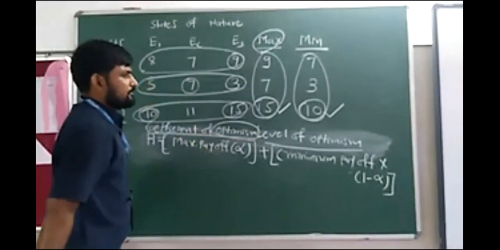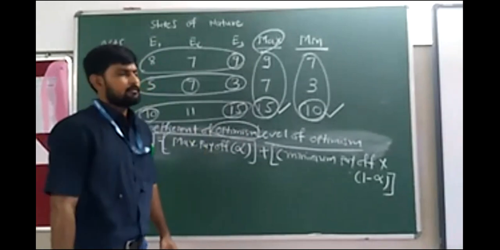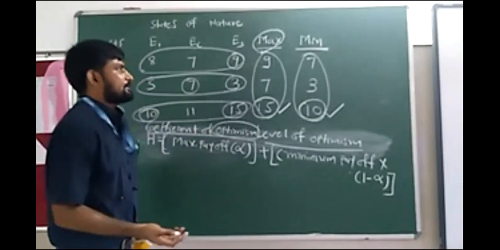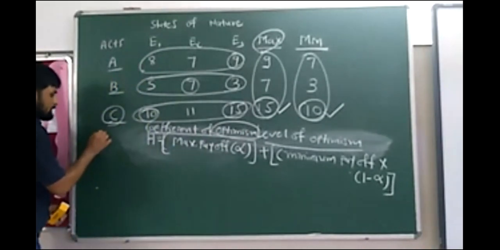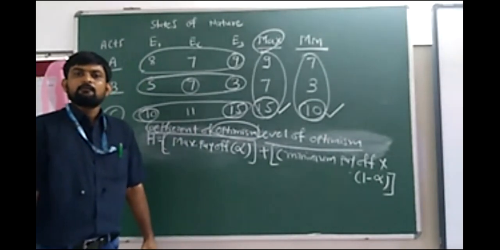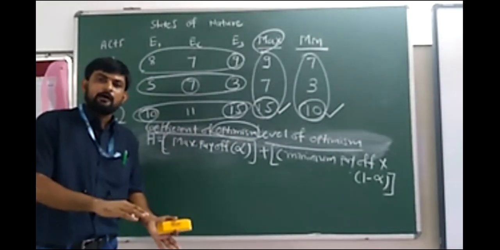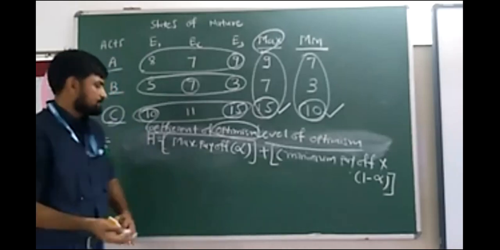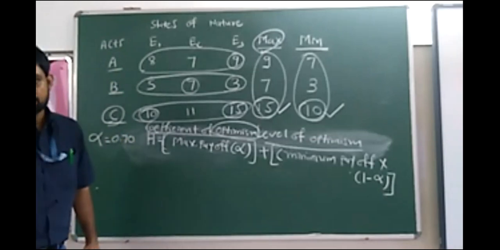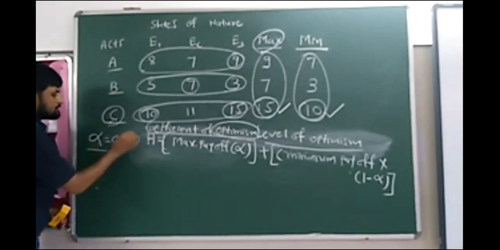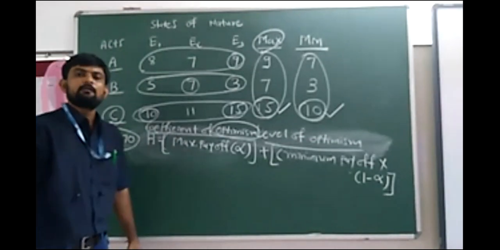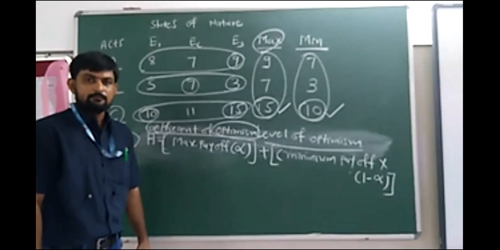For example, as a decision maker, according to my past experience, I can say that the chance of getting profit in the worst situation as well as in the best situation is 70%. So we can say that alpha is 0.7 or 70%, and this is called the level of optimism.